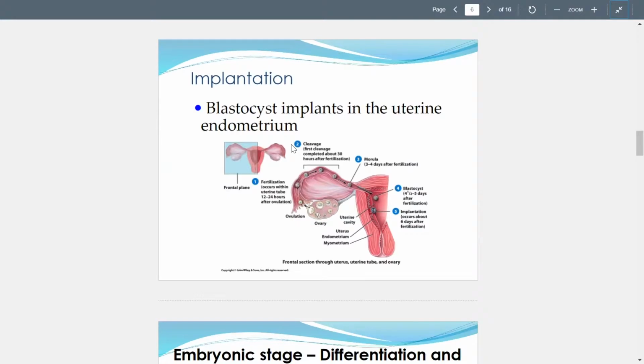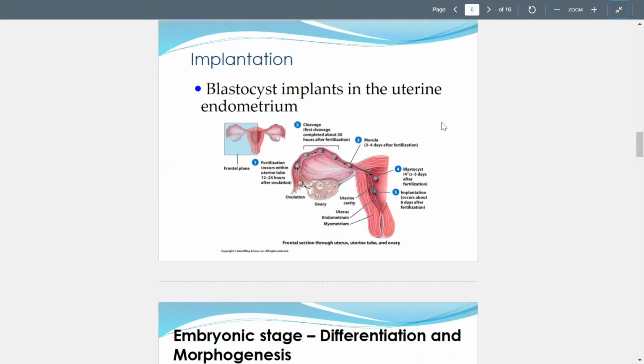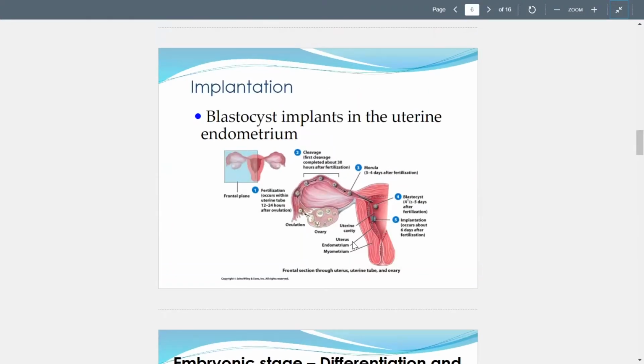So the blastocyst implants in the uterine endometrium. It's still going through the female.